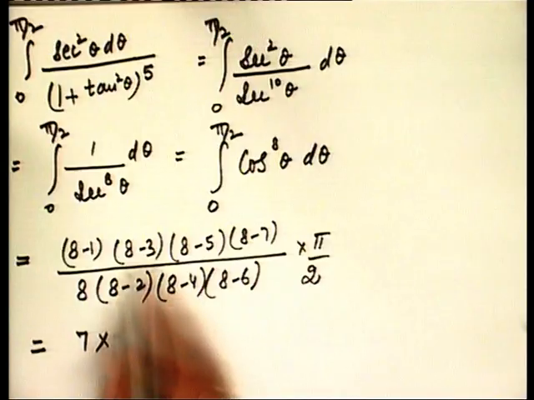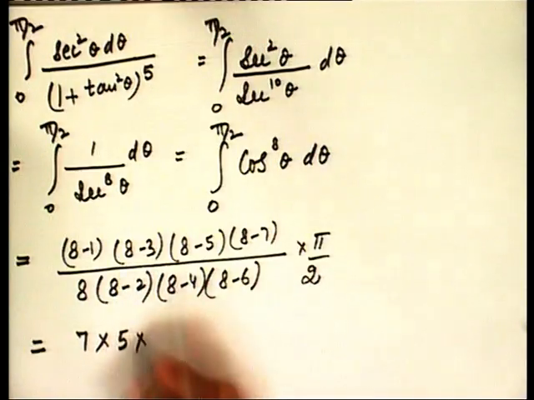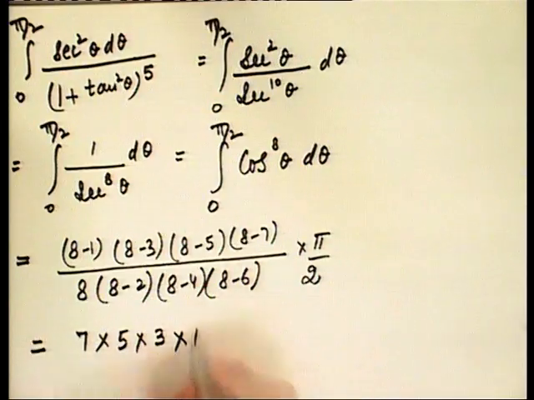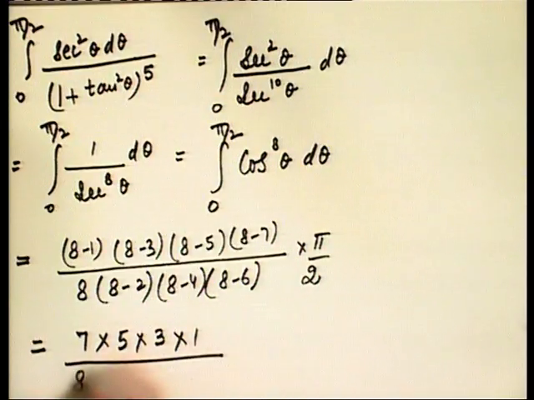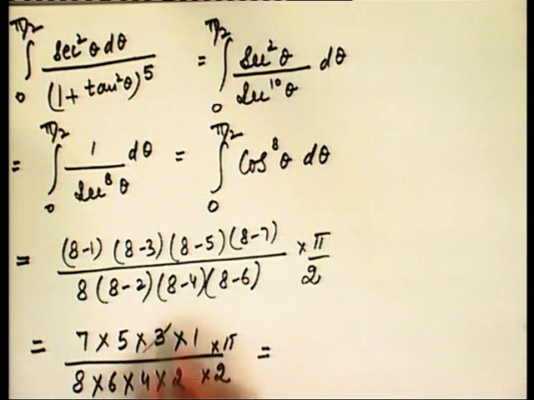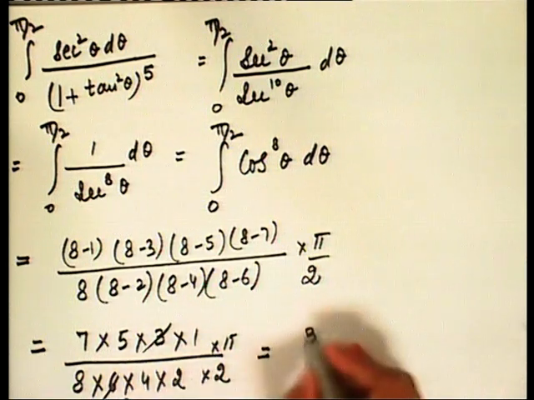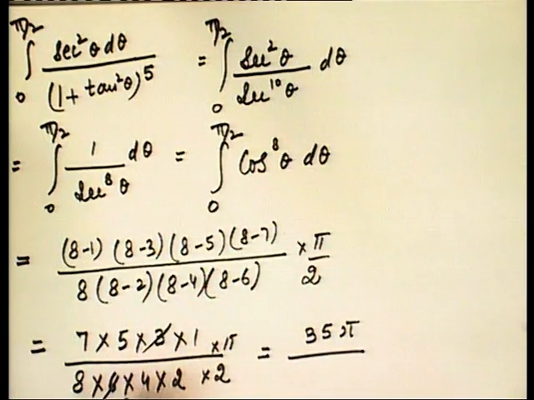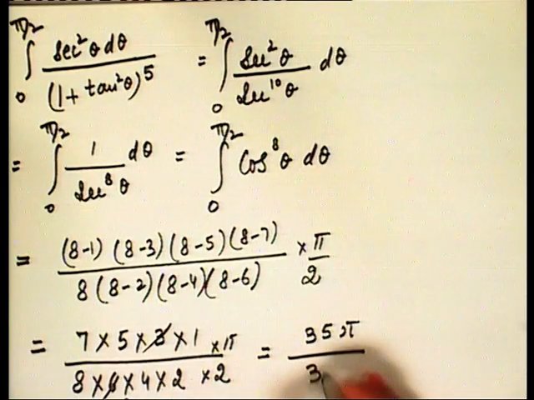So 7, 5, 3, 1 over 8, 6, 4, 2, times pi by 2: 35 pi over 4 times 2 is 8, 8 times 8 is 64, 64 times 4 is 256.